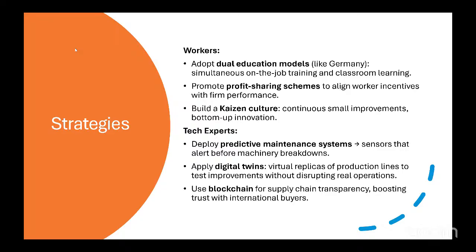To bring in predictive maintenance systems, which aren't that costly in today's day and age, apply digital twins, meaning to have replicas of production lines to then adopt as one entire scheme or one supply chain, and then to use blockchain for supply chain transparency and to boost trust, meaning to amalgamate that and give a comprehensive integrated approach to our entire system development, system upgrade rather.